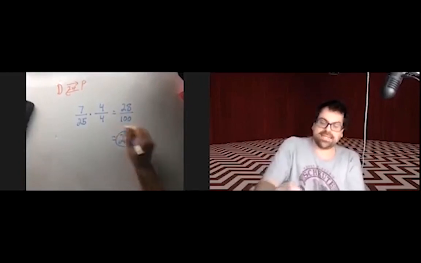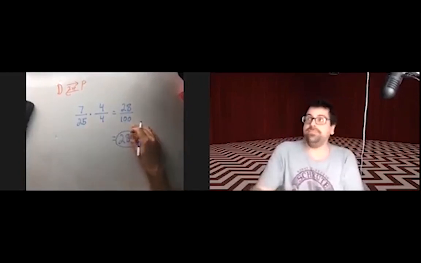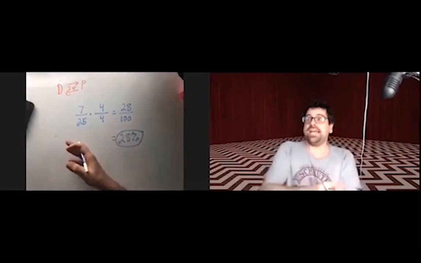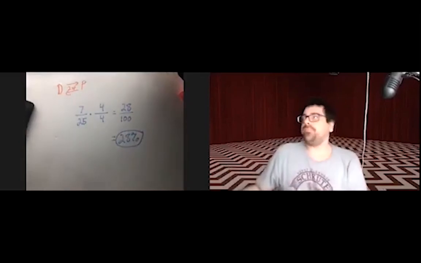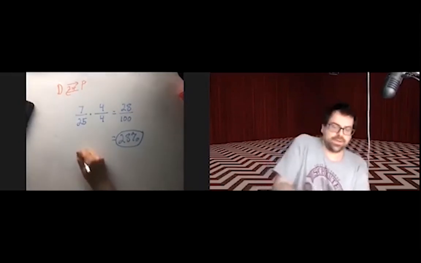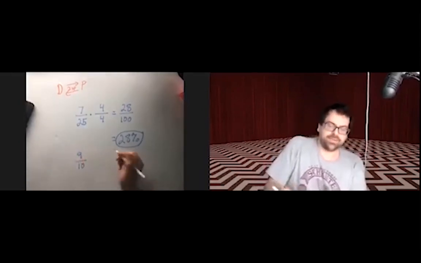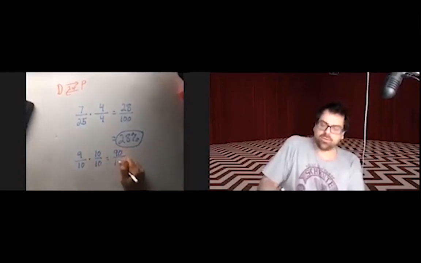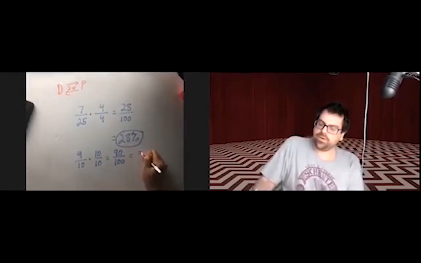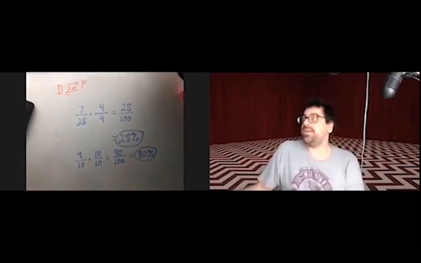And if we can't get to the magic number of 100, we would have to divide, turn it into a decimal, which then we can turn into a percent. 9/10. Well, we can multiply by 10 over 10, which gives us 90 over 100, which gives us 90%.